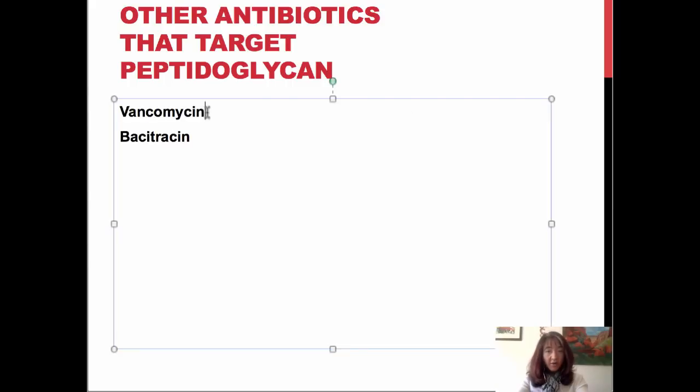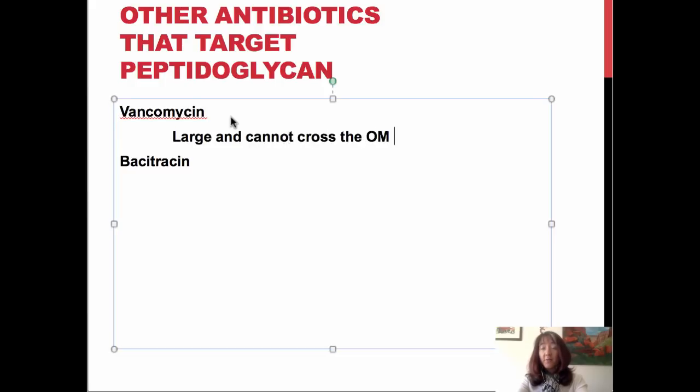We might just jot a couple notes about vancomycin so we remember that it is large and cannot cross the outer membrane of a gram-negative.